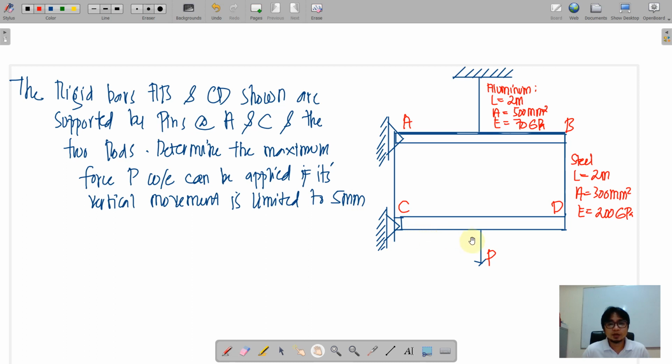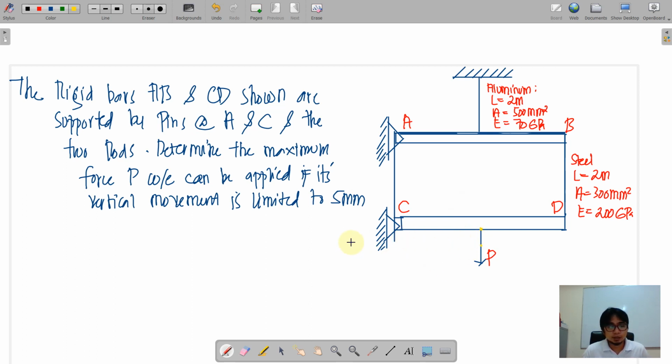So where is that 5 mm? If we illustrate it, the vertical movement is measured from the point P. Whatever the displacement of this point P, we should limit it to 5 millimeter.